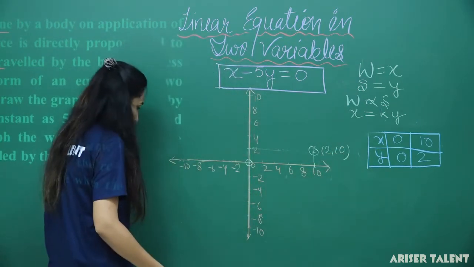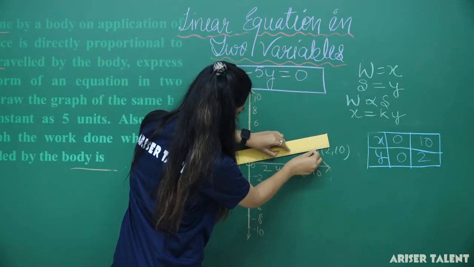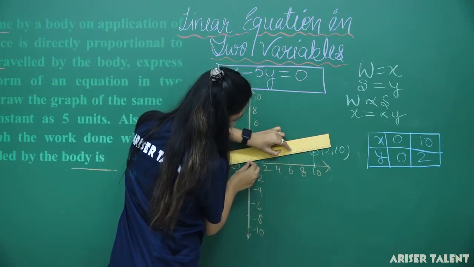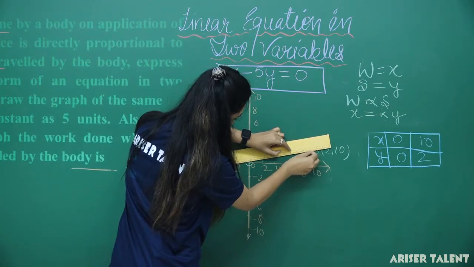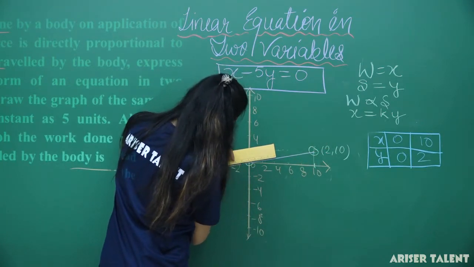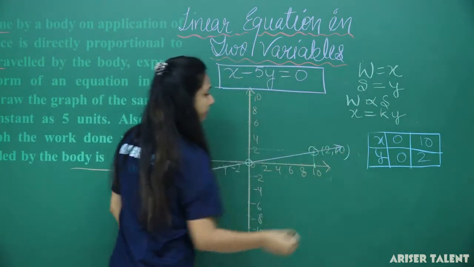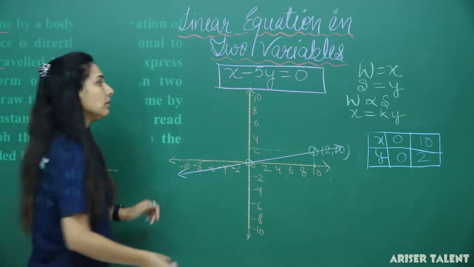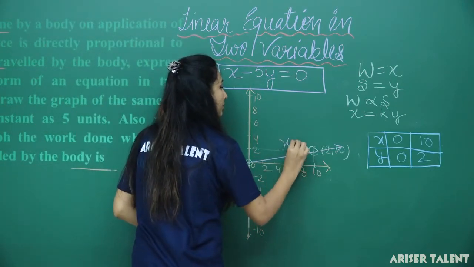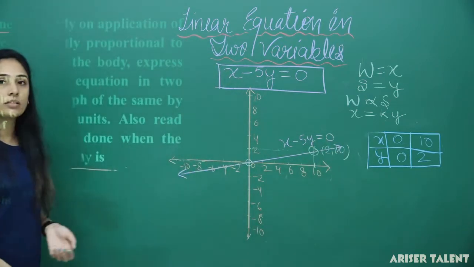Okay, and there will be a line. So this will be what? Your line x minus 5y equals to 0. This equation is having this graph.